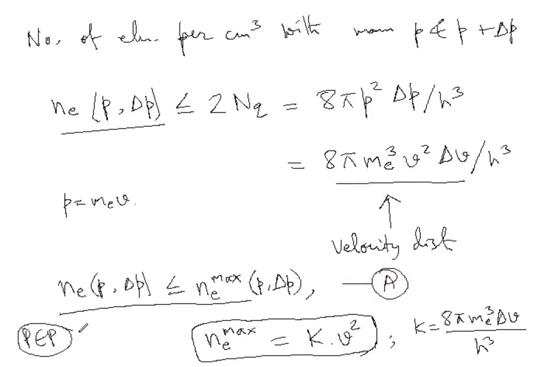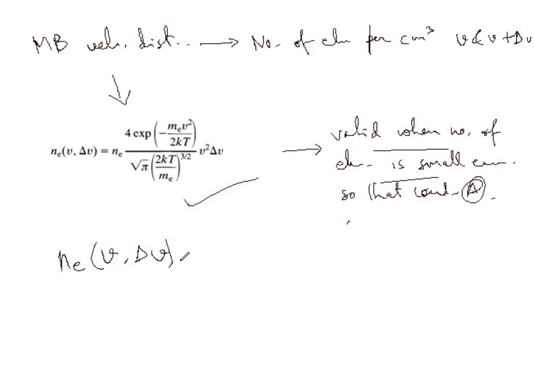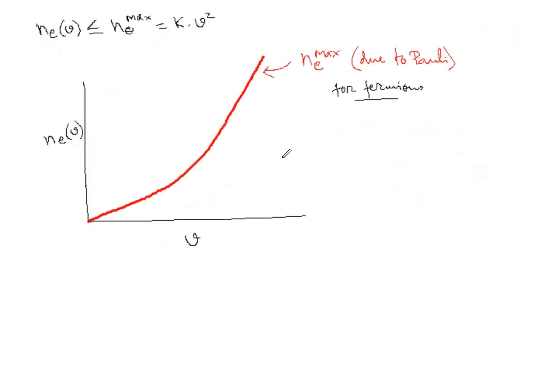Here I have written down Pauli's principle like this, and if we have a very large number, then this condition will be violated. So what will happen? Let us see here.